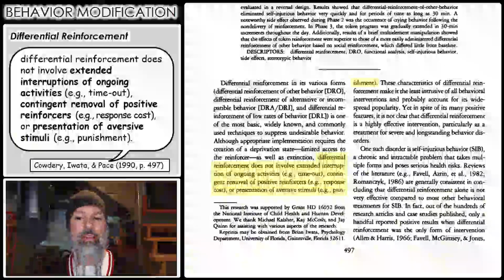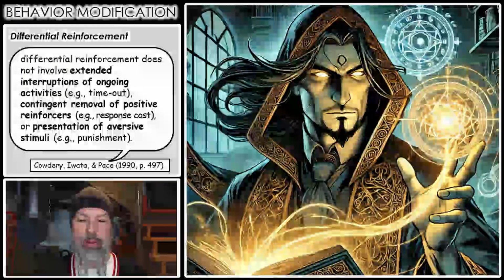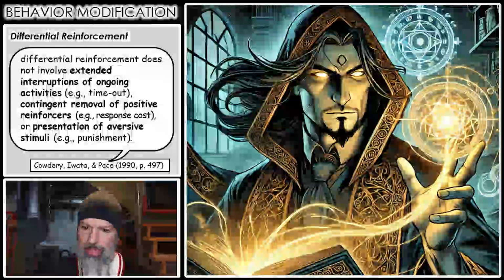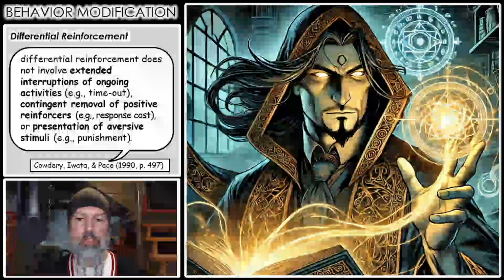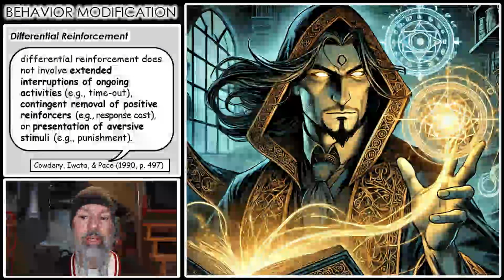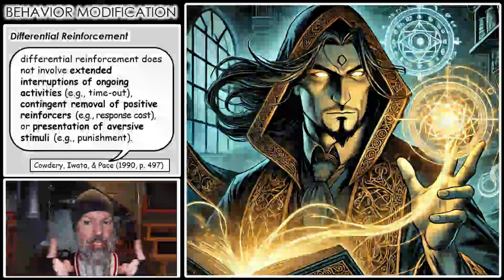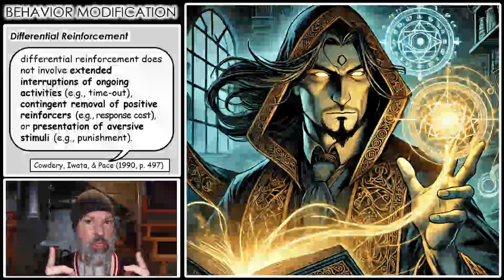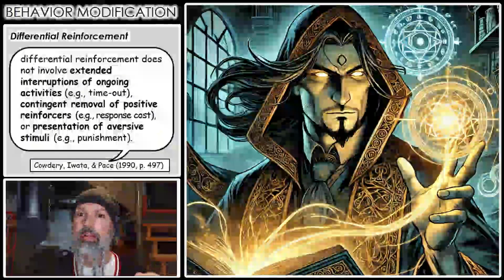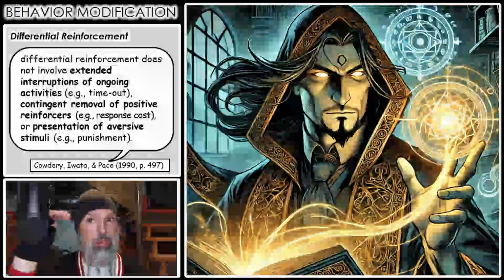So what is differential reinforcement of other behavior? Who is this mysterious DRO? Well, differential reinforcement of other behavior is when you reinforce any other behavior. The way that you do that is that reinforcement is provided only when a problem behavior does not occur during a specified time period. So the difference between differential reinforcement of alternative behavior and differential reinforcement of other behavior is that for alternative behavior, a different behavior was chosen and that was reinforced.